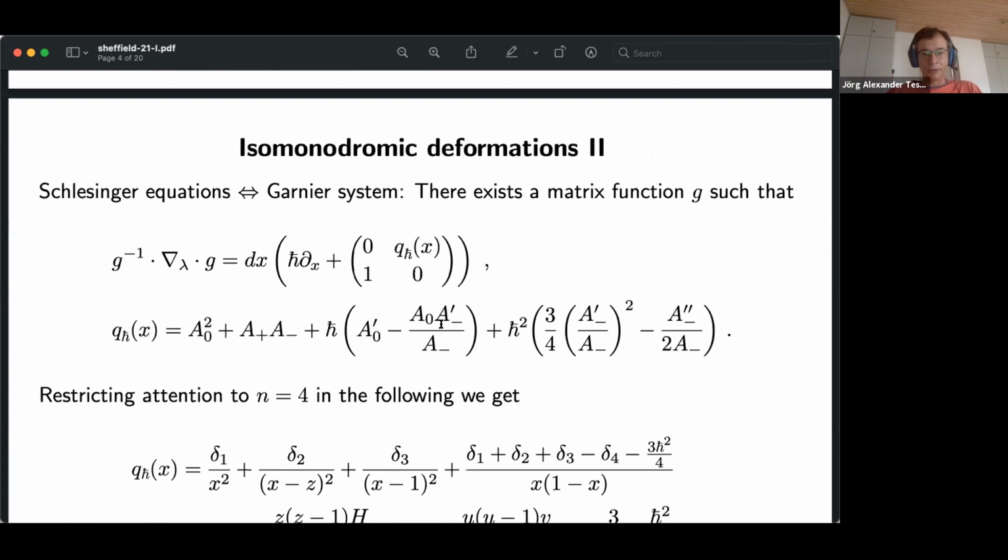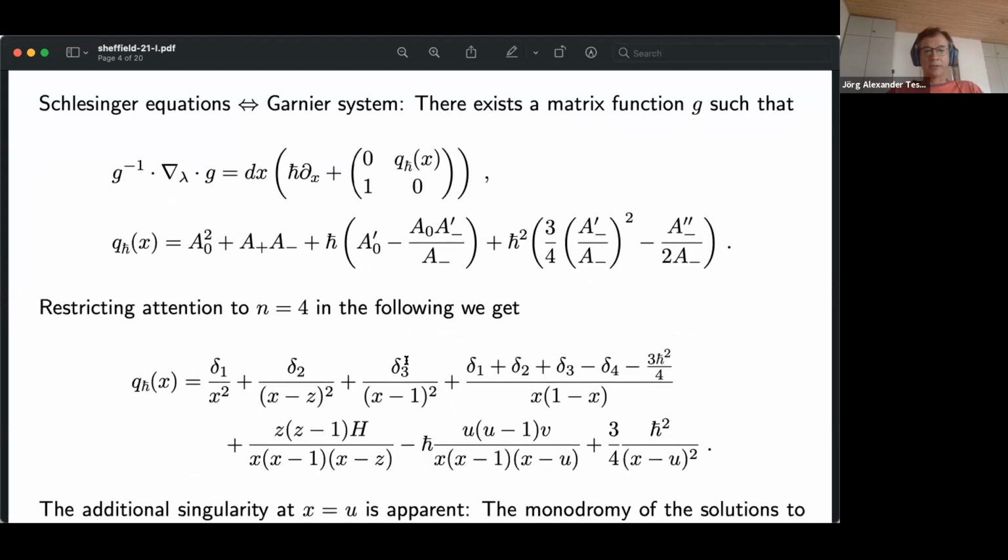In particular, you divide here by A minus, which is the lower left off-diagonal element. So even if, as we had assumed, the A is holomorphic on all the n-punctured sphere, this Q H bar will not be any longer. It will have additional poles at the zeros of A minus. But okay, I can't really tell you the full story here.